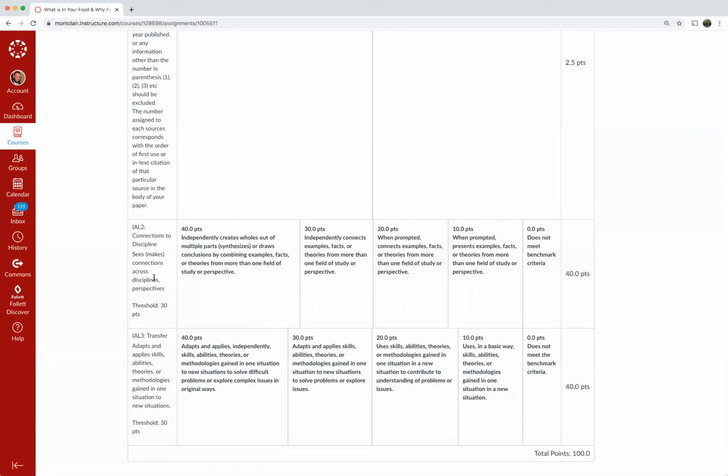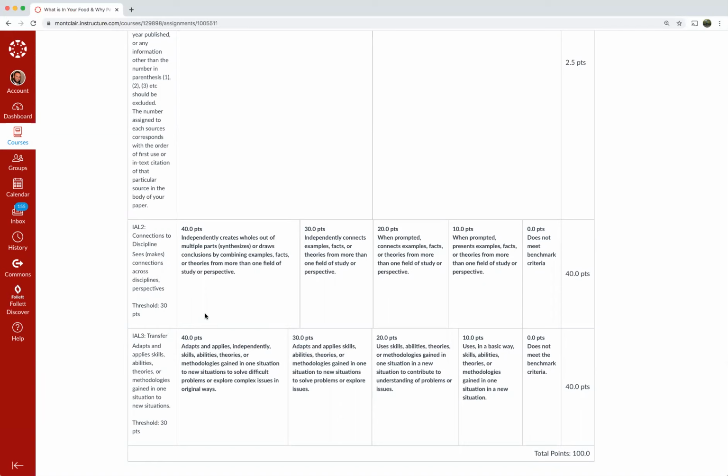Now we move down. These 2 categories here are directly from the university. Every interdisciplinary elective has to do their assignments based on these 2 content areas.